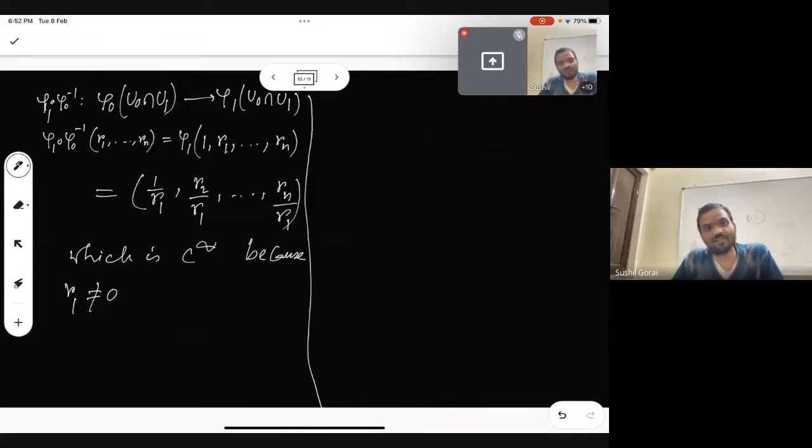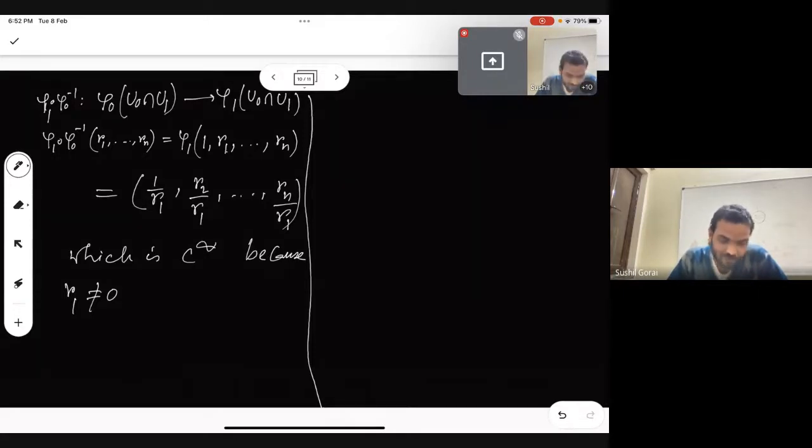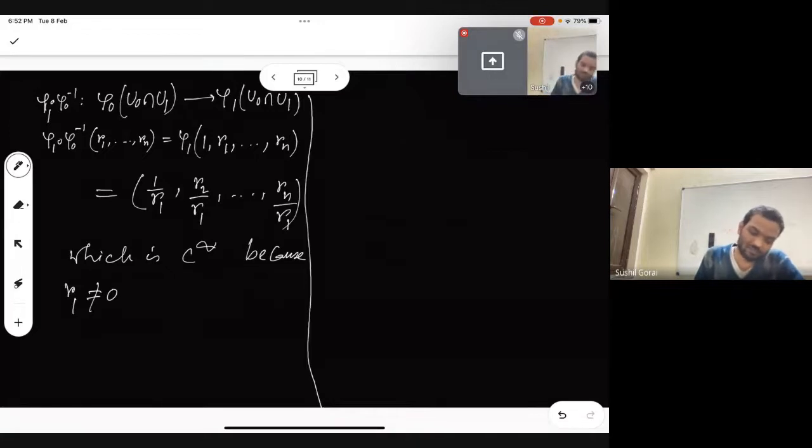In the intersection, you are not looking at the whole image, otherwise you cannot divide by R1, because R1 might be 0 in the image of U0. But you are looking at the image of U1 also, right? And U1 gives that the first position is non-zero, and that's why you could define this. So this is C infinity.